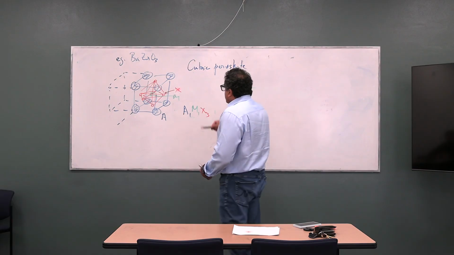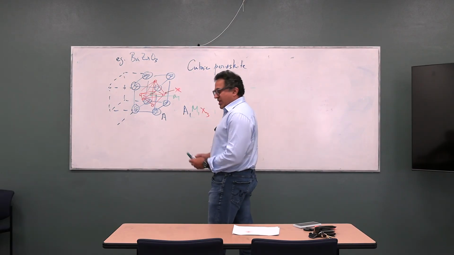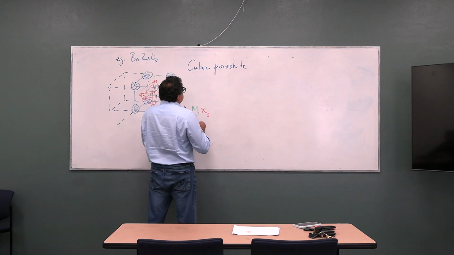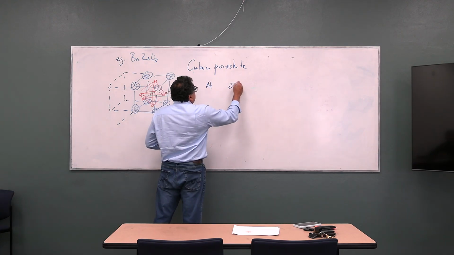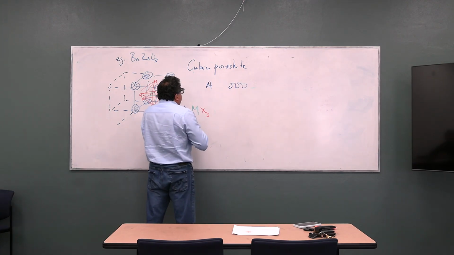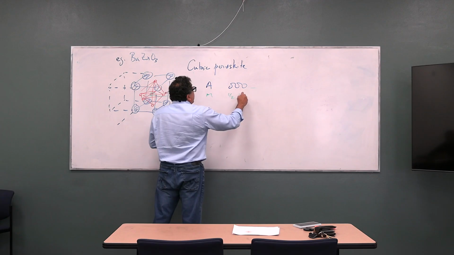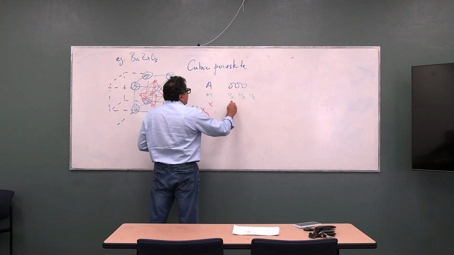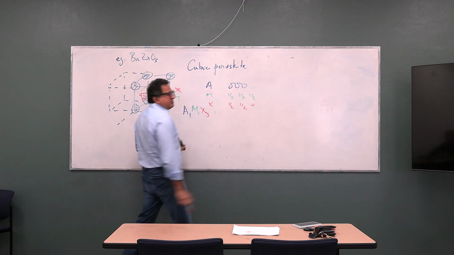So in fact, to specify the structure of cubic AMX3, I just have to say A is at 0, 0, 0, M is at half, half, half, and X, for example, at half, half, 0.